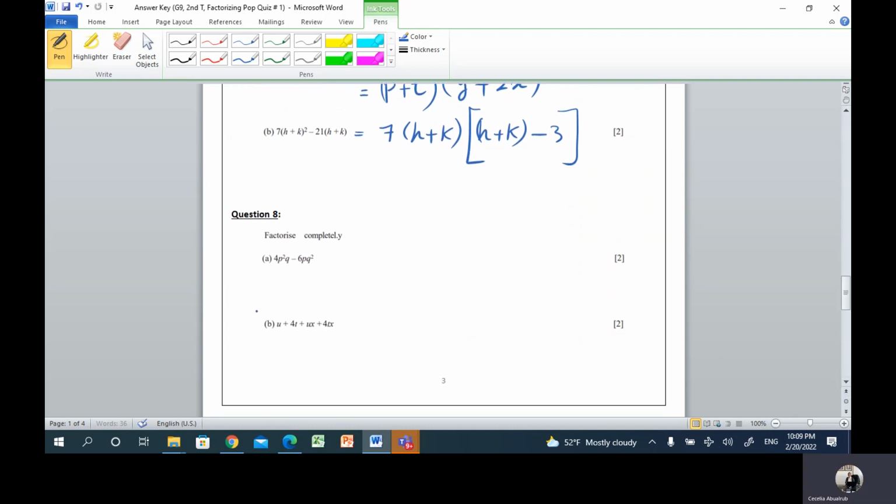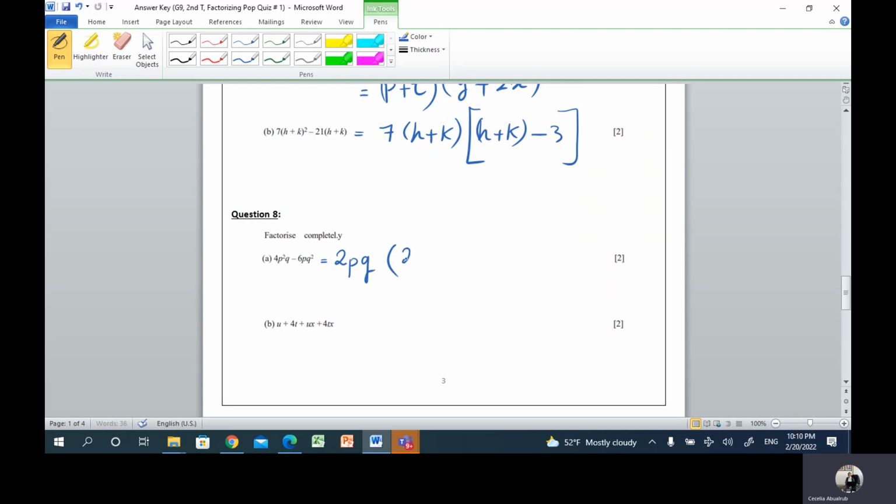Okay, now you need to factorize here. So 4p squared q is not a squared term, and 6p q squared is not a squared term. So we need to get out the common factor, which is 2pq. Open a bracket.